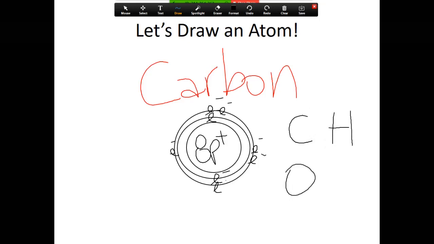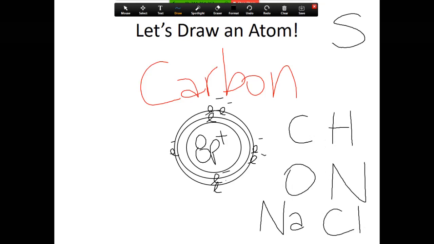Hydrogen, oxygen, nitrogen. Other atoms we're going to look at, sodium and chlorine. Also, later on in the course, we're going to look at sulfur, which is S, and phosphorus, which is P. Those are really the main ones for us.